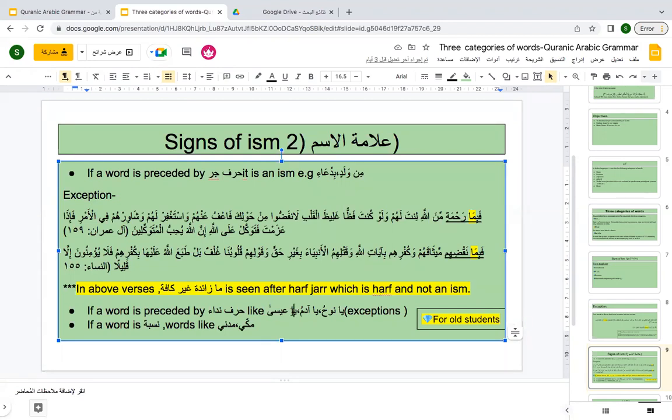In the case of harf nida as well, mostly in the Quran, if I ask you, ya ahlul kitab, what is ahl? Your answer should be ahl. If I ask you, what is this word ahl? Does it belong to the category of an ism, harf, or fail? What will you say?